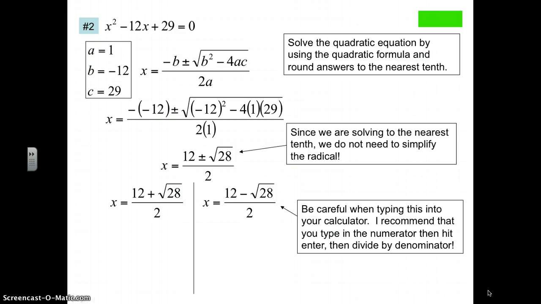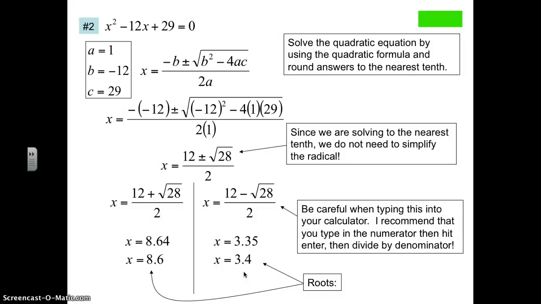Or you can enter it all together, just be careful. When you do this, you want to round to the nearest tenth. You should get 8.64. Rounded to the nearest tenth, look up here, is one decimal place, so this becomes 8.6. And when I do this side, I get 3.35, which is rounded to 3.4.